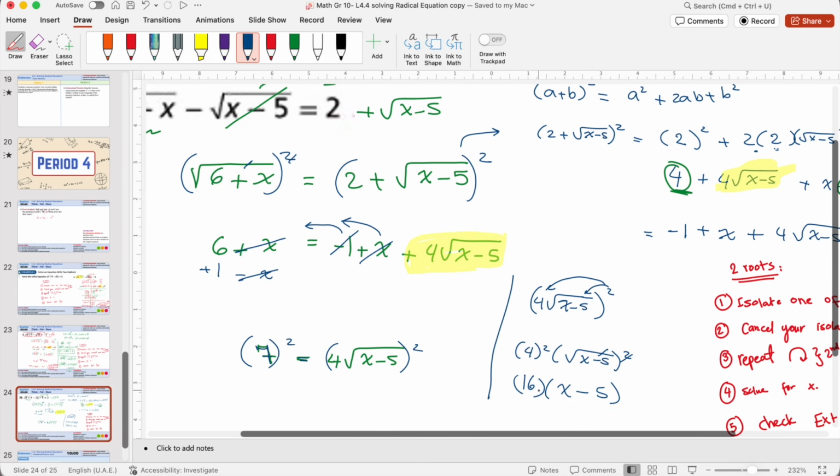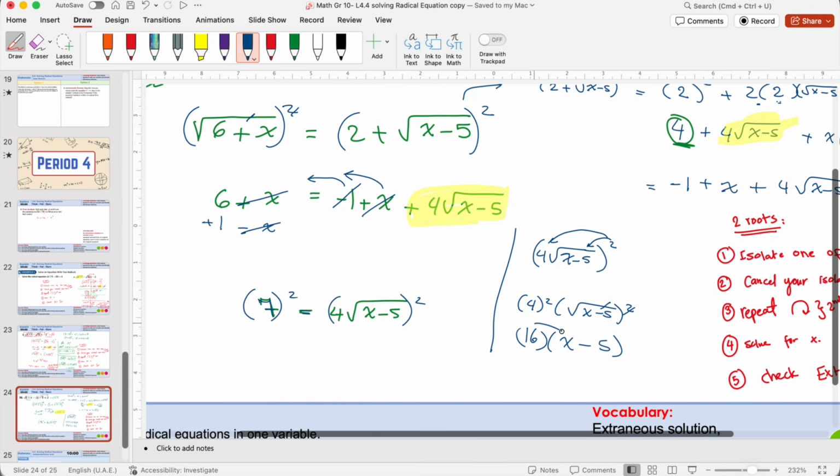16 times x minus 5, distribute, is going to be 16x. And then 16 times negative 5, which is negative 80. So this whole thing is 16x minus 80 equals 7 squared, which is 49.